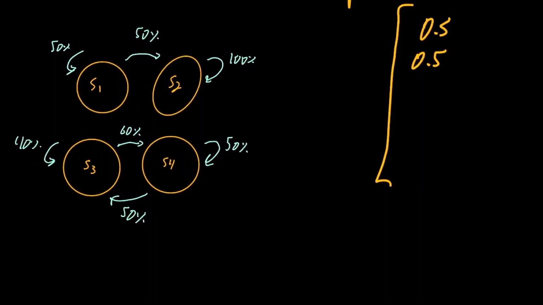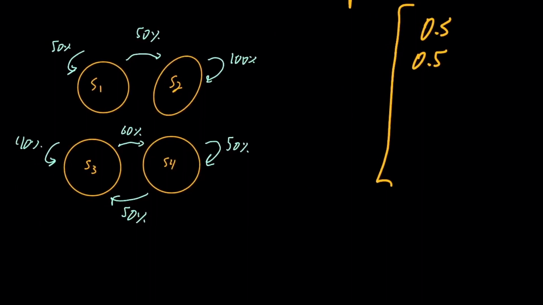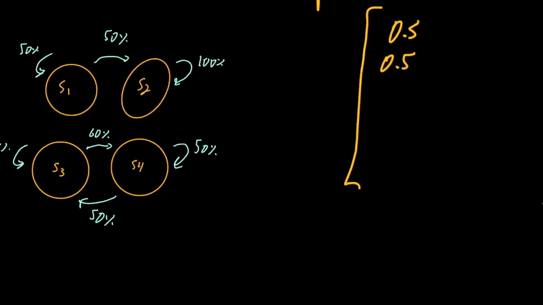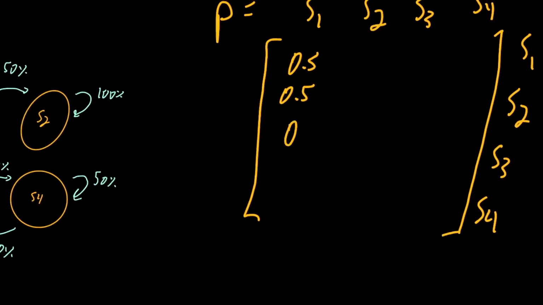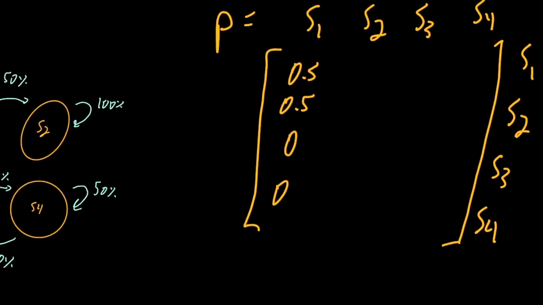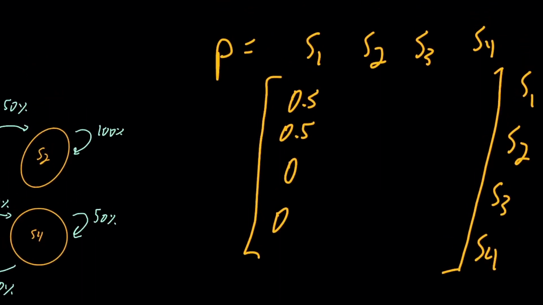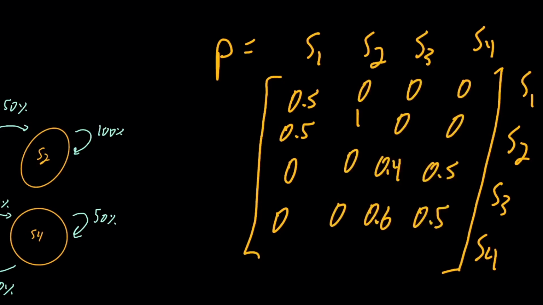Now from S1 to S3 and S4, there's no transitioning for either, so we can just denote that as 0. Then go ahead and pause the video and fill out the matrix yourself, because you're going to be repeating the same step. So this should be your matrix right here.